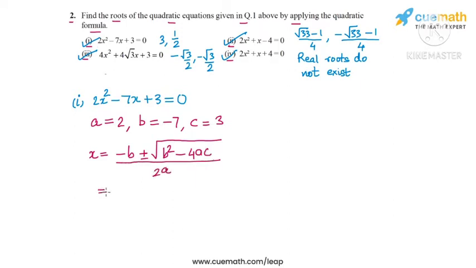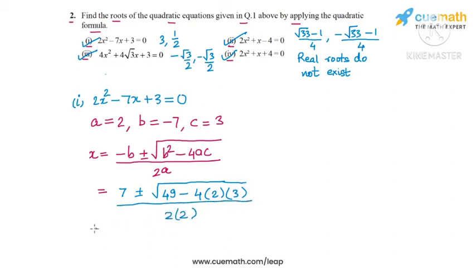So this is equal to minus b, which is plus 7. So minus of minus 7, that's plus 7, plus minus root of b square, so minus 7 square, which is 49, minus 4 times a, which is 2, times c, which is 3, by 2a, or 2 times 2. So what is this equal to?